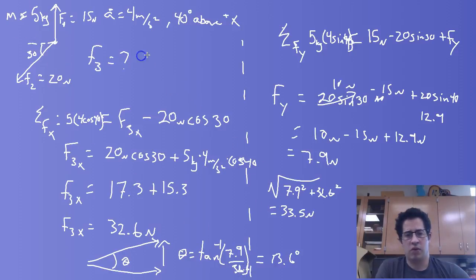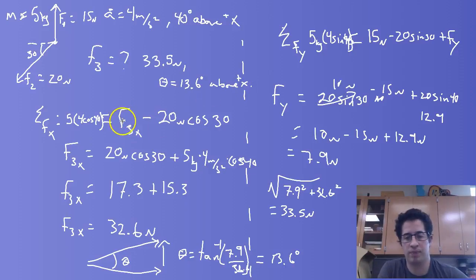And so we get that F3 has a strength of 33.5 newtons, and it acts at a direction of 13.6 degrees above positive x. Okay? And there you go.